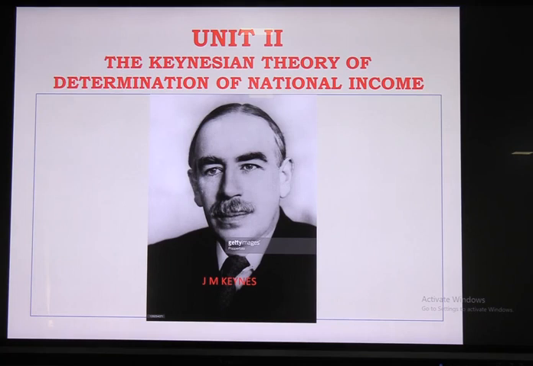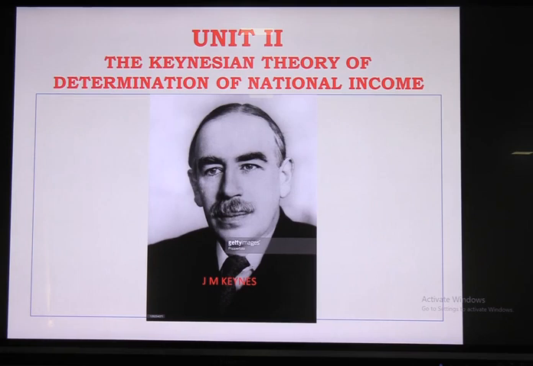So classical economists said that if a developing country wants to get maximum growth, there must be an equilibrium of aggregate demand and aggregate supply. But it is not possible to equate these two elements in a short period of time; it requires a long period of time.